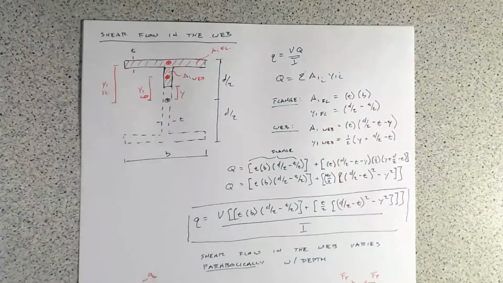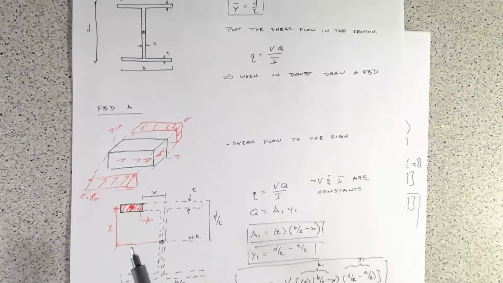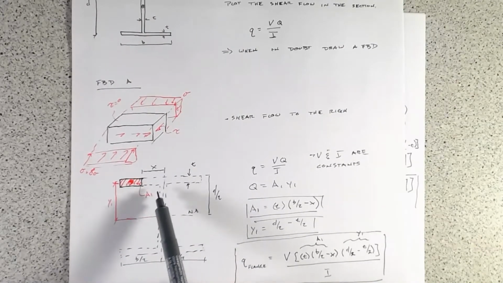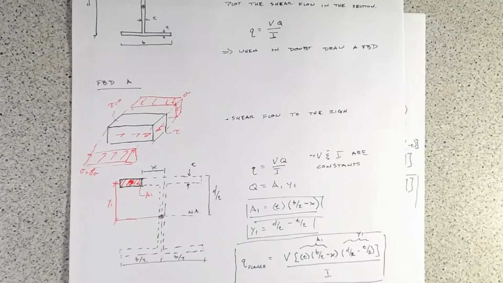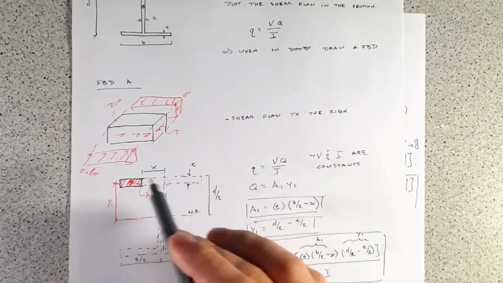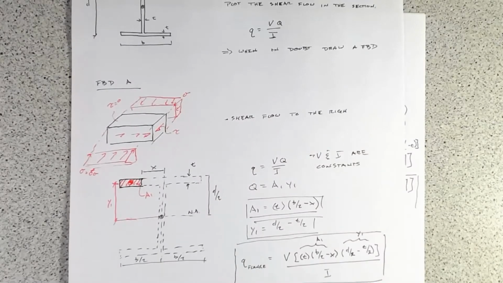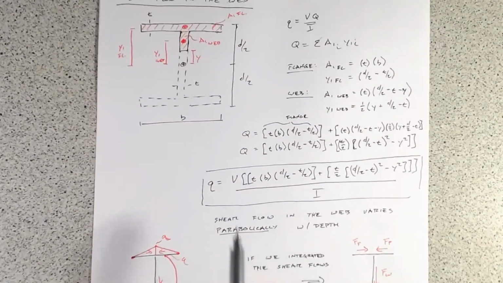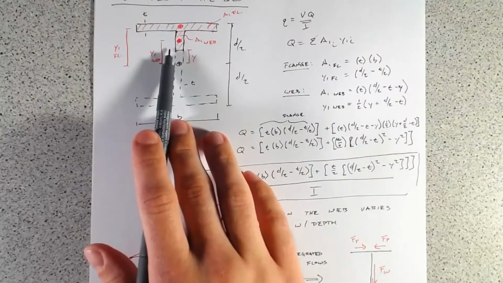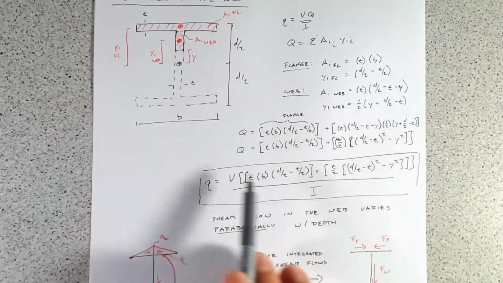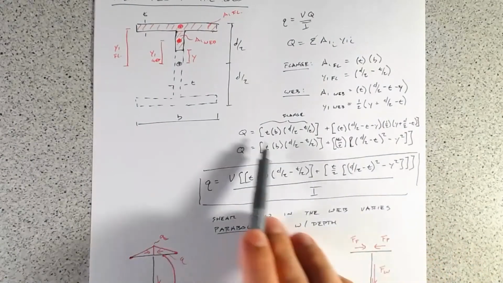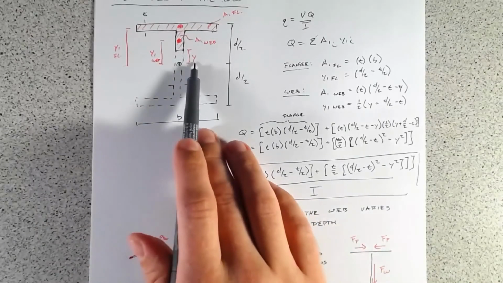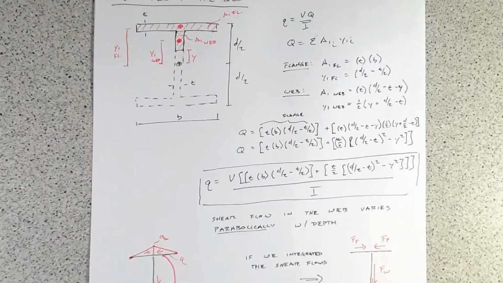So you might think about it as a portion of the section which is perpendicular to the load, so hence it shows up as horizontal here, or one which is parallel to the load, so vertical here. So the vertical one, because our y1 is going to be changing, that means that it's going to be changing with respect to y. We're going to move parabolically.